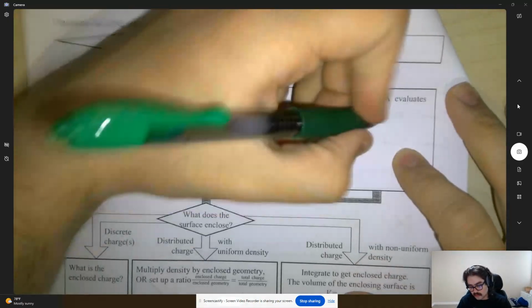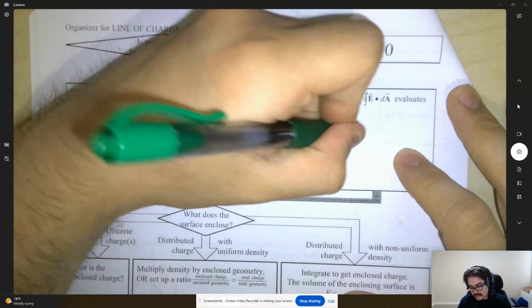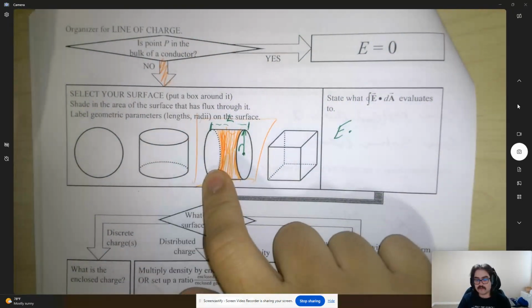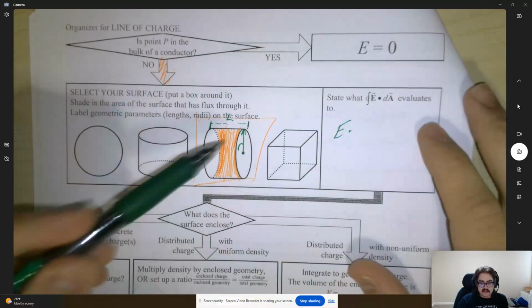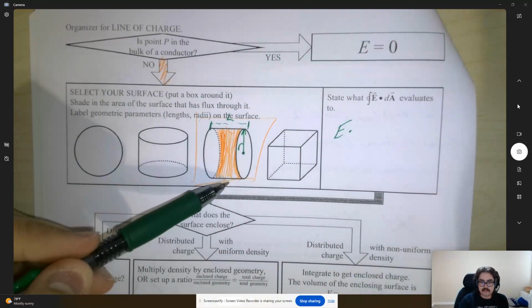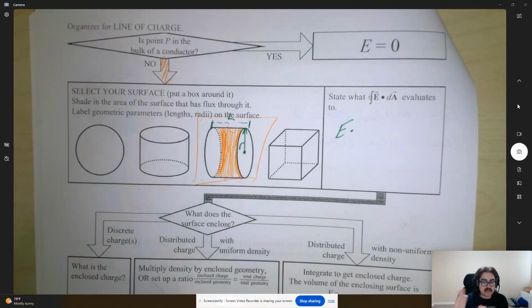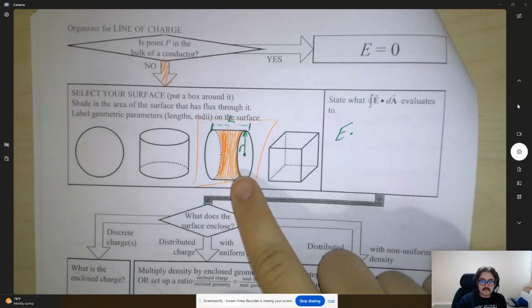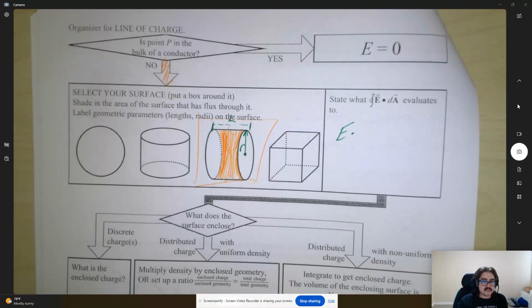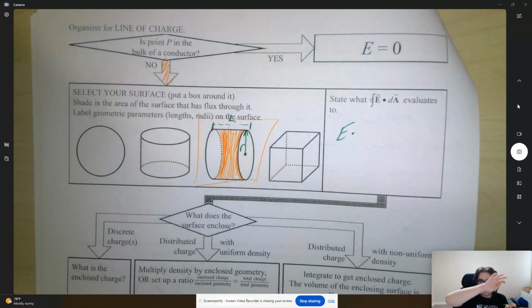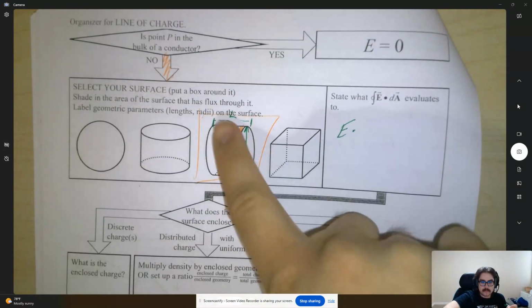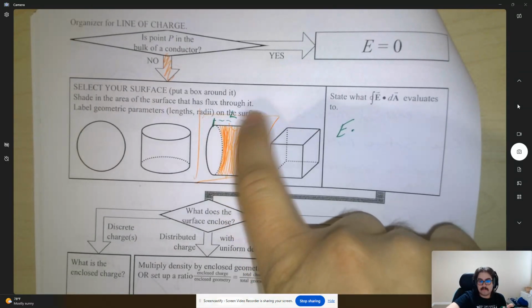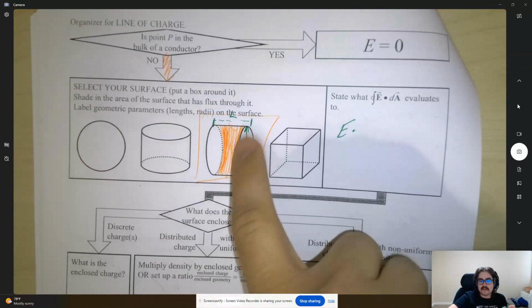And when I get this integral, this is going to be E times the surface area that the flux flows through. I'm looking for the surface area of just the part that wraps around the cylinder, not the ends. I don't care about the end part. Thankfully, the equation for surface area of a cylinder is broken up into two parts: the surface area of the length, and then the surface area of the circles.